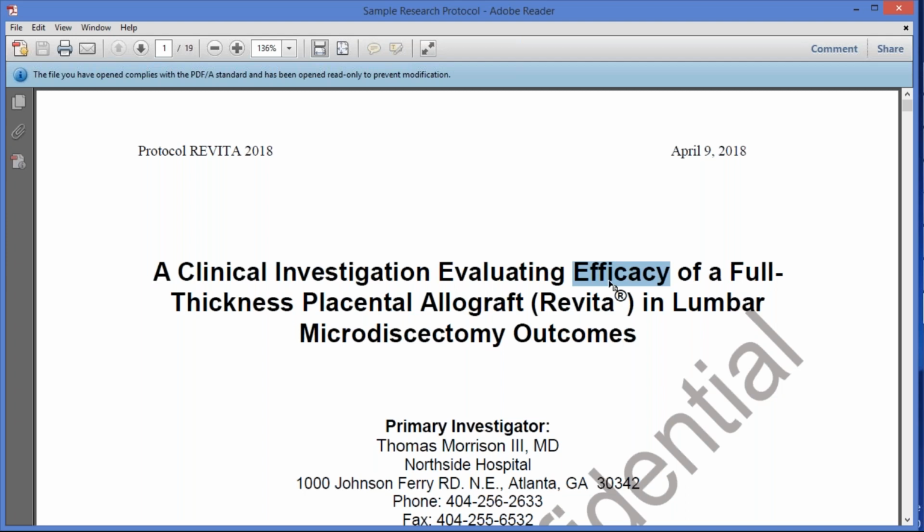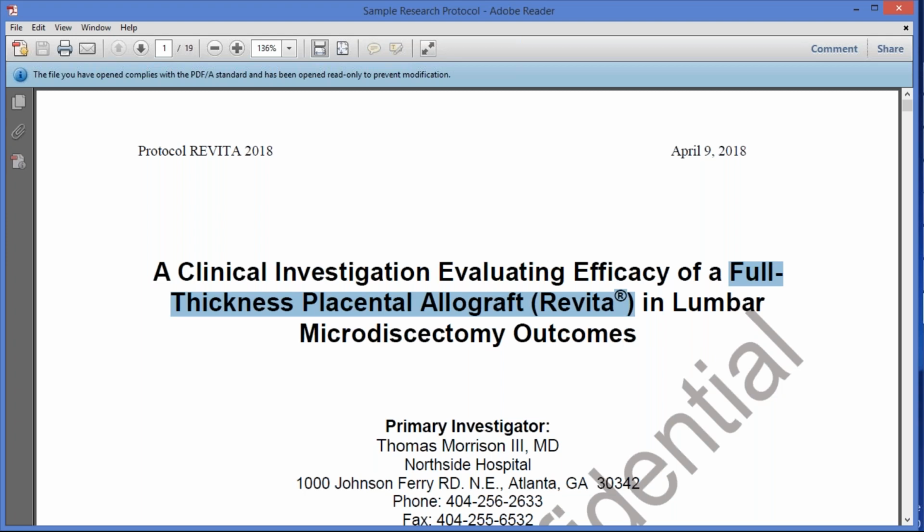We are going to evaluate the efficacy of this product. What is the product? Revita. The product name is Revita, but the product is allograft.